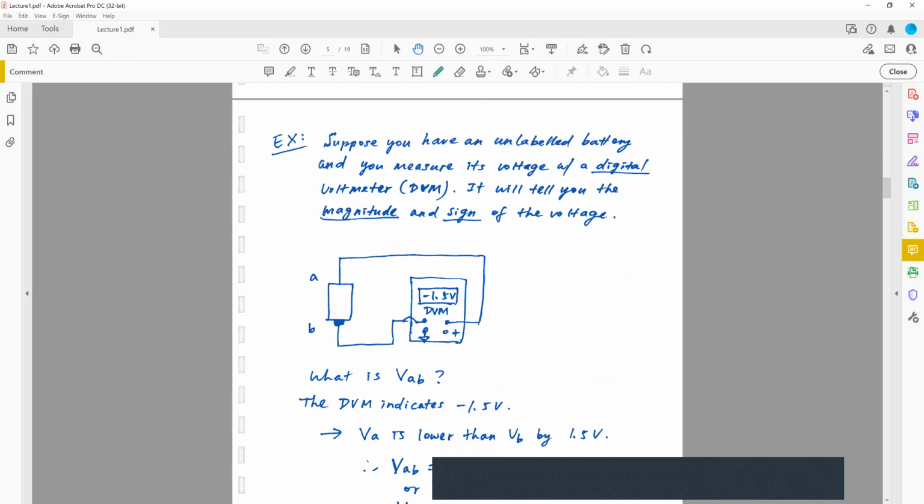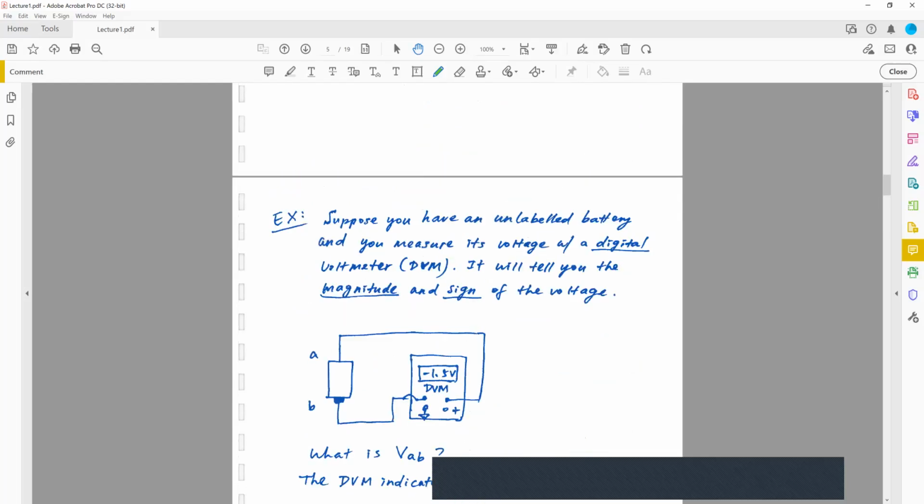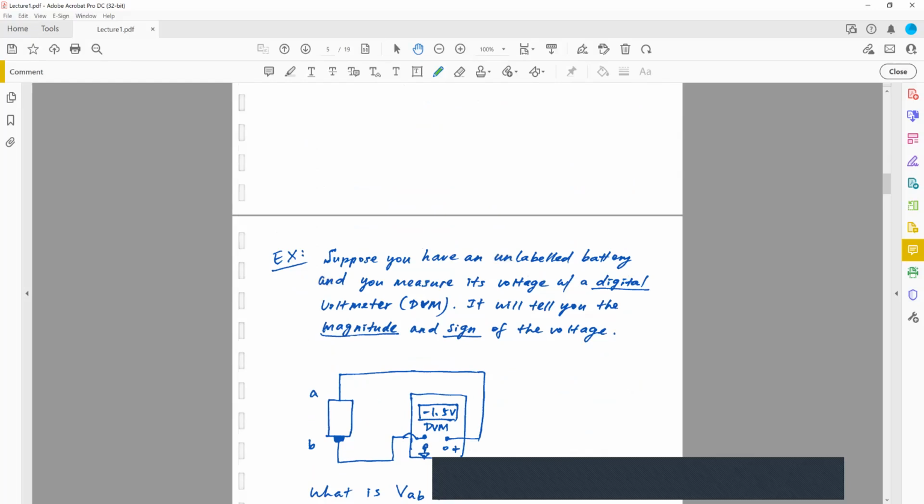Another simple example here. Suppose you have an unlabeled battery and you measure its voltage with a digital voltmeter, something that you use in the lab to measure voltage. It will tell you the magnitude and the sign of the voltage.